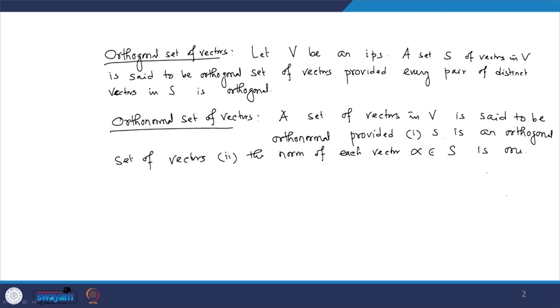So, an orthonormal set of vectors is basically an orthogonal set of vectors along with the length, or magnitude, of each vector being 1.